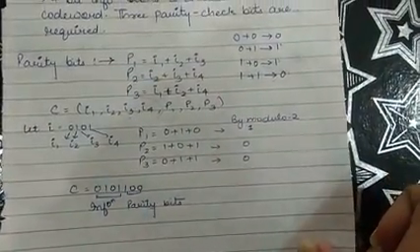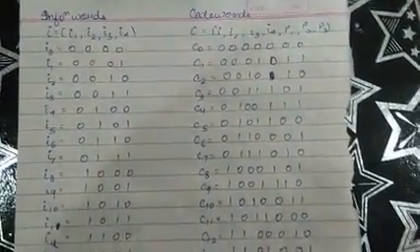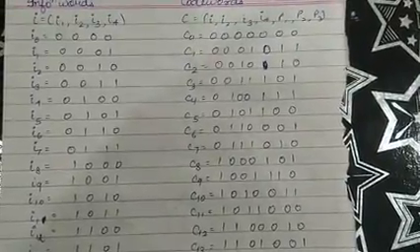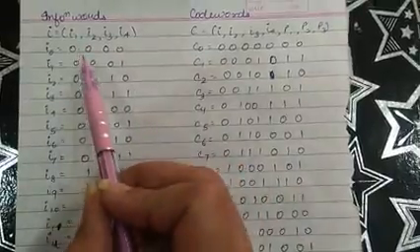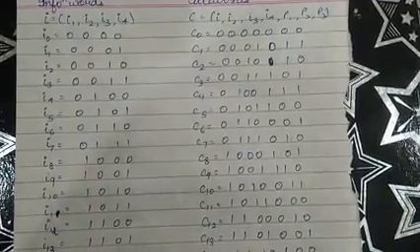Okay, now we will further pursue some basic code words. Like see, if I'm taking the 7,4 Hamming code, that means I have 4 information bits and 3 parity bits. As we have discussed earlier, from our information bits we have generated code words.